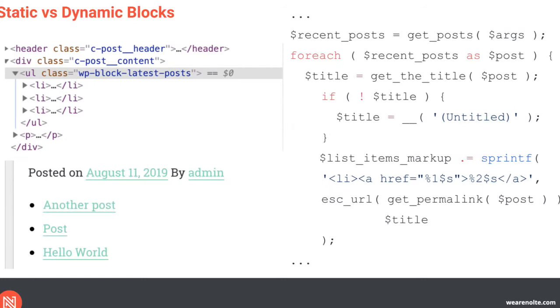The attributes are passed into the server-side rendering callback in a PHP function, so you can decide how to display the block on the front end of your website. For the latest post, they use the getPost function to get the post, and then the title and the permalink.